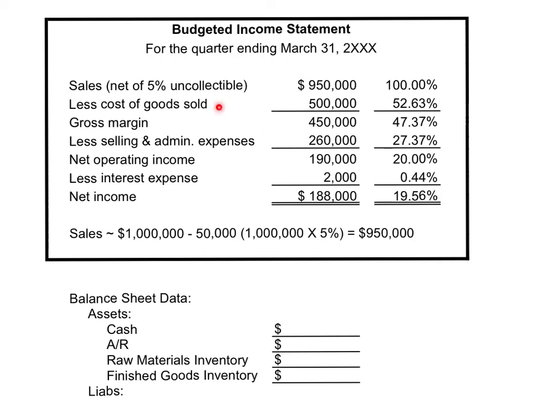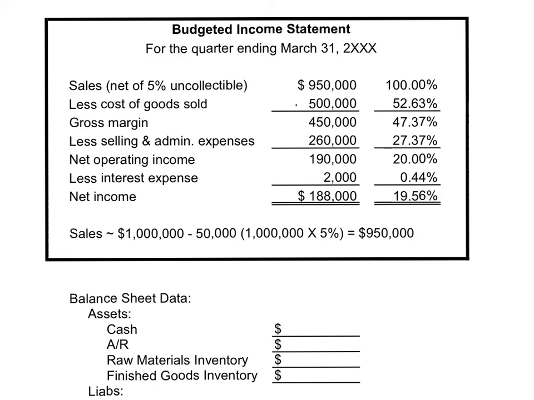Now, to calculate the cost of goods sold, we're going to take you to the next slide. I come back to my cost of goods sold of 500, and that gives me a gross margin of 450,000.